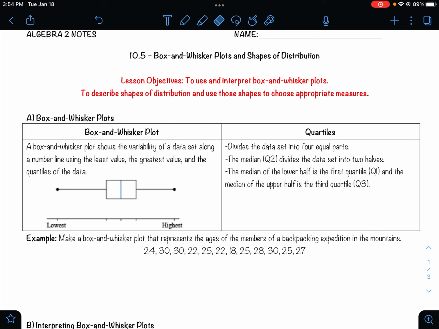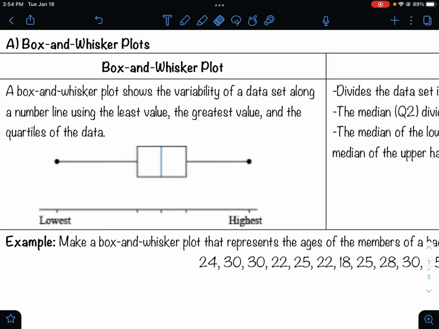But the first part here should be a pretty basic review, as most of you have seen box and whisker plots before.